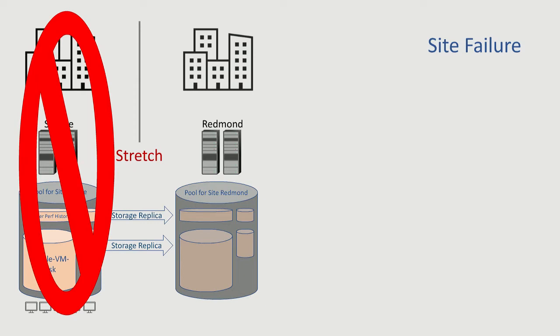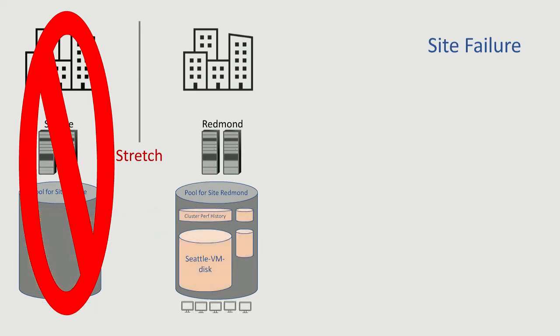What we're going to do is repurpose the replicated drives in Redmond as my data drives to be utilized for Windows and the virtual machines. We're going to automatically move the VMs over. We're going to start up all the VMs so that you can get back into production automatically.